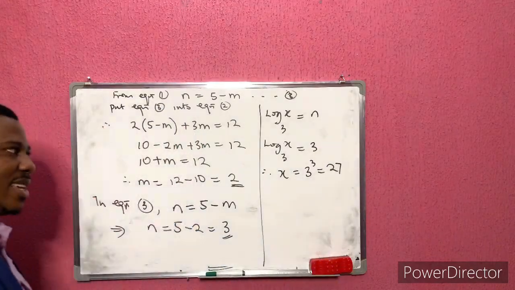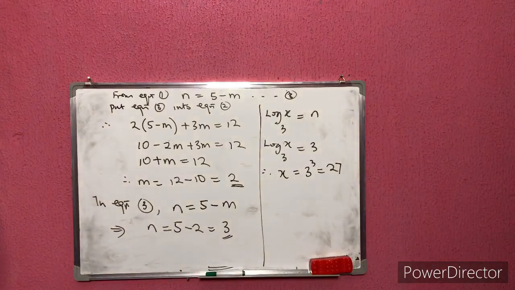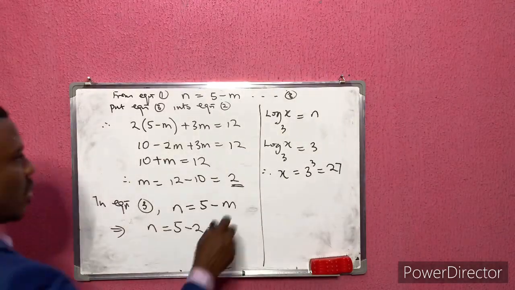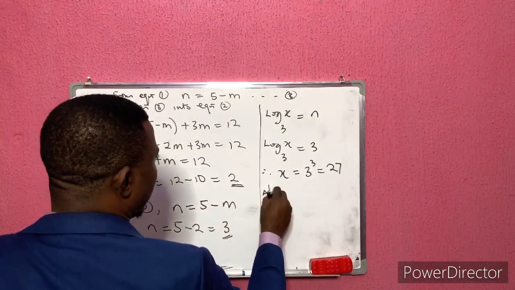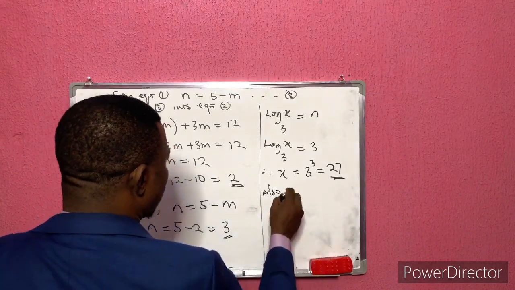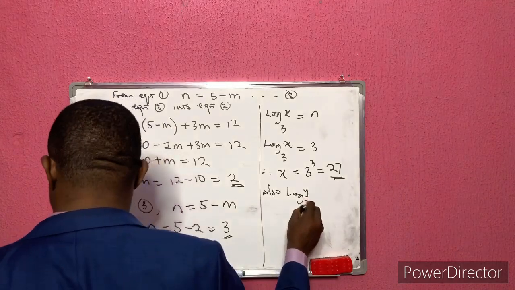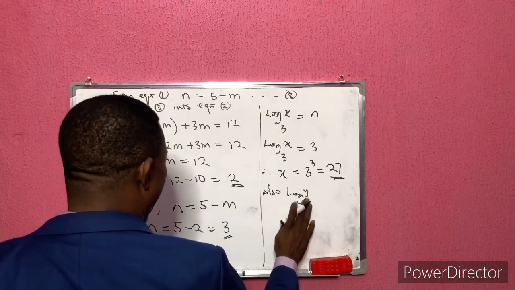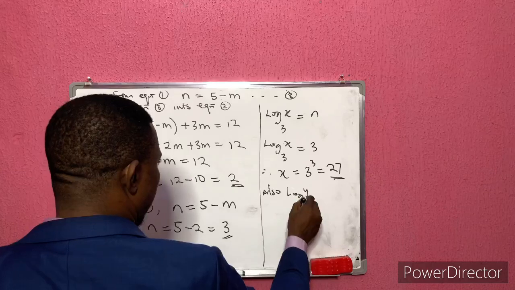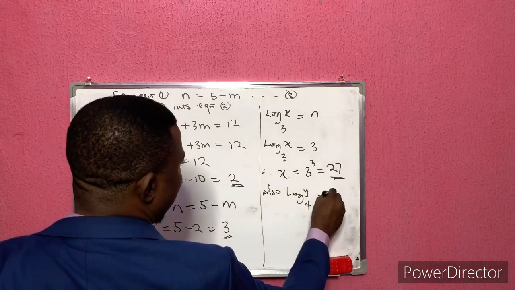3 times 3 is 9. 9 times 3 is 27. This is your answer for x. Also, log y base 4 is m.